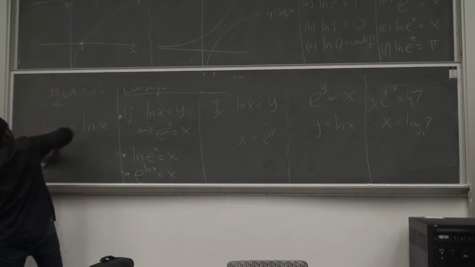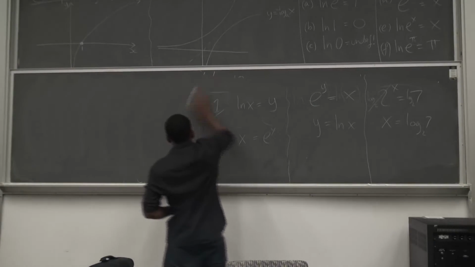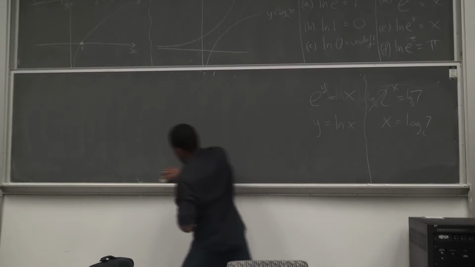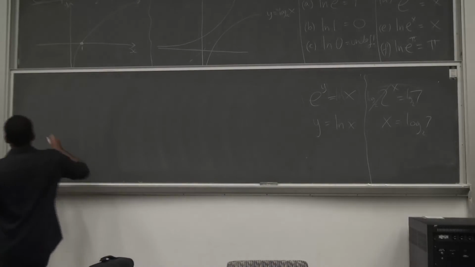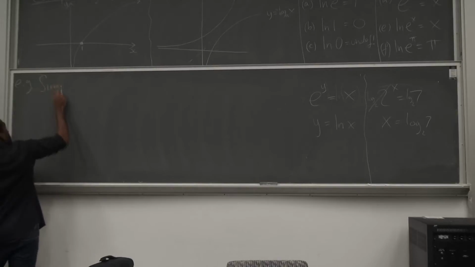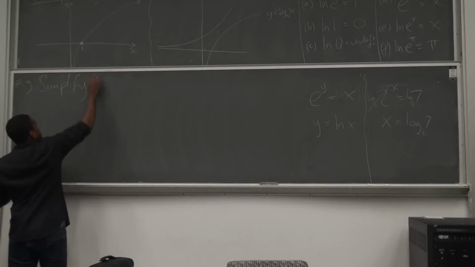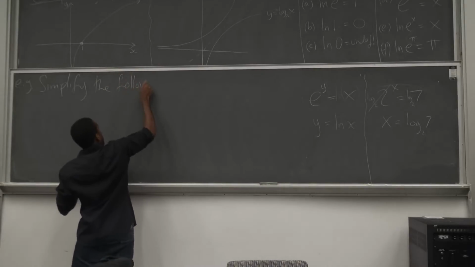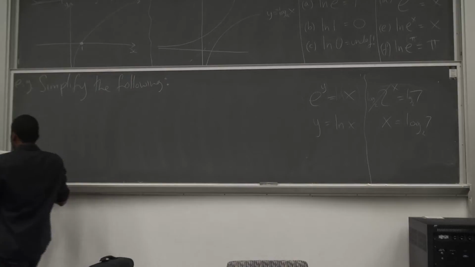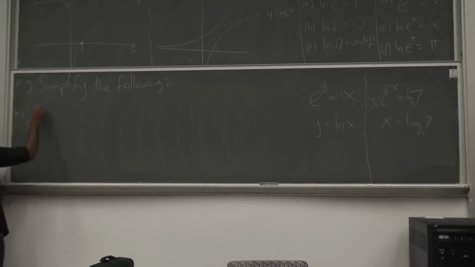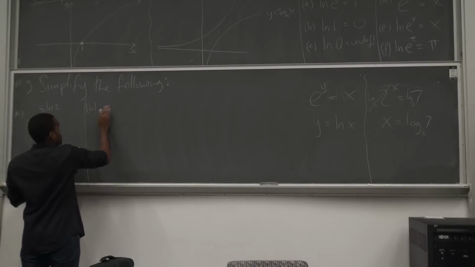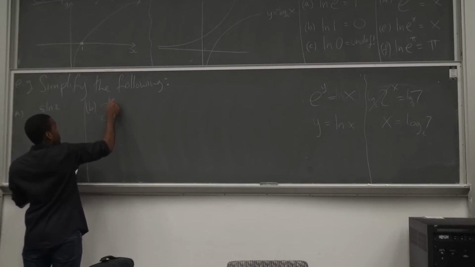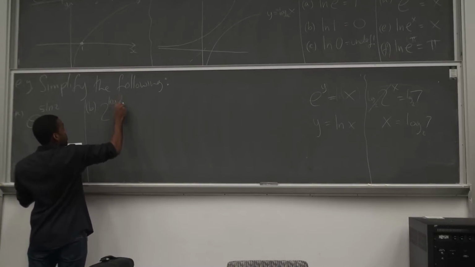Let's do some more examples of working with these guys. Simplify the following. e to the 5 ln 2. 2 log base 2 of 2 to the 5th.